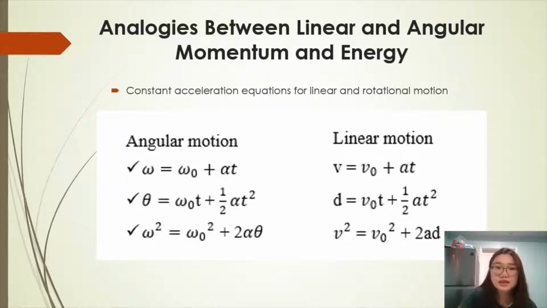Here are some formulas using the analogy between linear and angular motion. In linear motion, the final velocity equals the initial velocity plus the acceleration times the change of time.